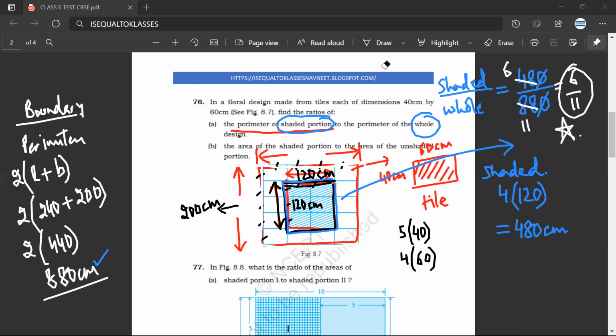And usually, Mr. Sarthak, you won't get any such difficult question in your class, but I think next year you will get questions like these. 1, 2, 3, 4 into 6. This was 240. Okay. Great. Now what they want is the area. Area of the shaded portion. What would be the area of the shaded portion, Mr. Sarthak?